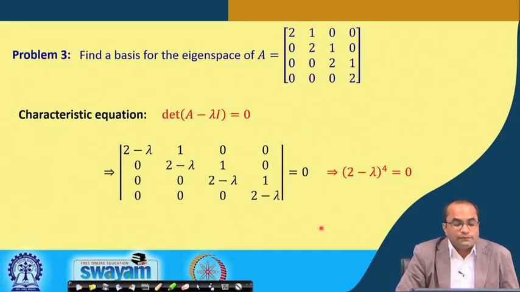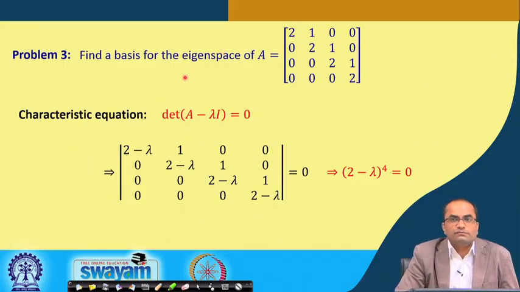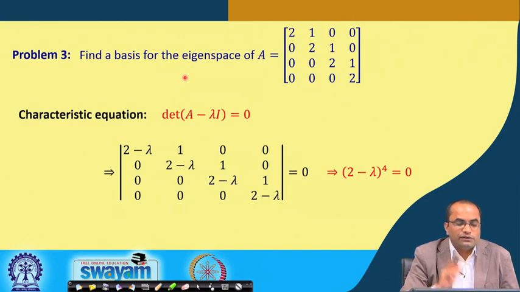Now, we want to compute the eigenspace, meaning the set of all eigenvectors, and when we include 0 also, that is called the eigenspace corresponding to the given eigenvalue. So, here the eigenvalue is 2, which is repeated 4 times.